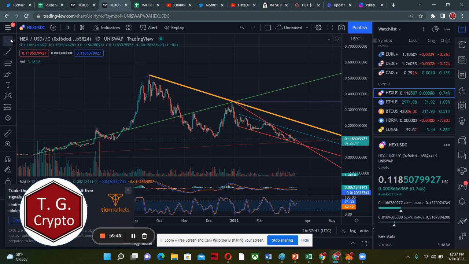So we'll zoom in a little bit. And we do the fib retracement. So, this one. Now, here's our all-time high. And crypto usually drops 90% from all-time highs. Okay, we know that.